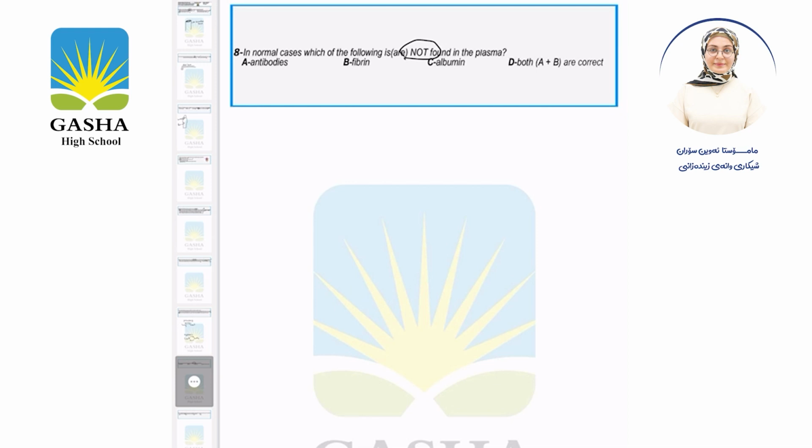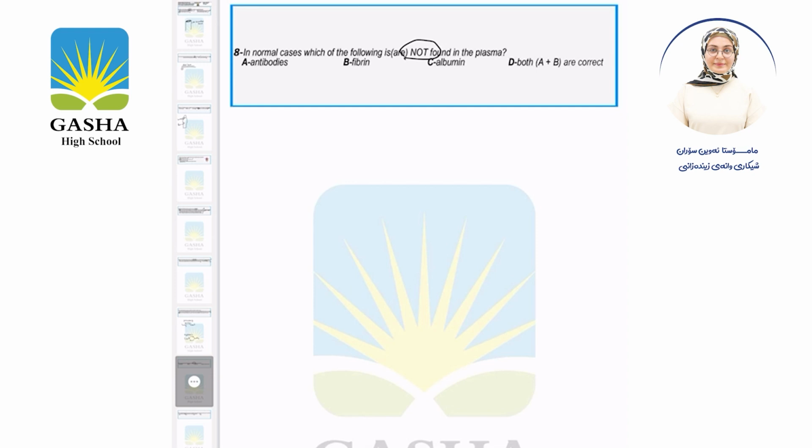In a normal case, fibrin is a special structure whose function, when we have an injury, is to clot the blood. It will work like a net for catching and collecting the blood, red blood cells.